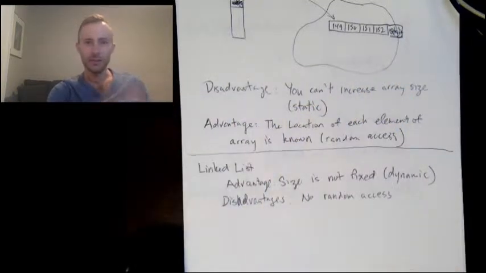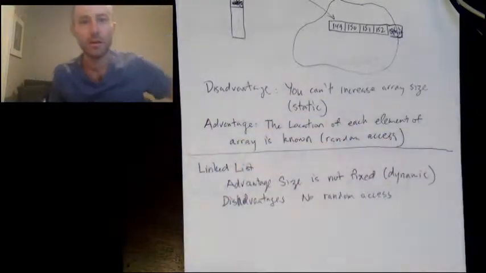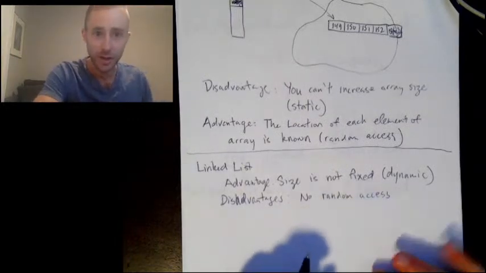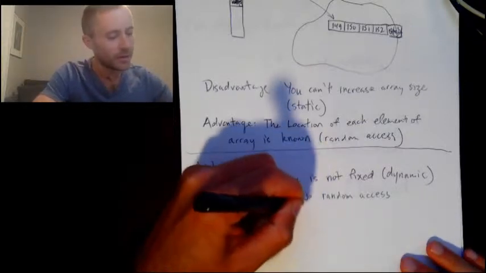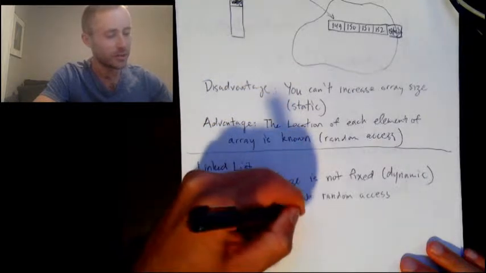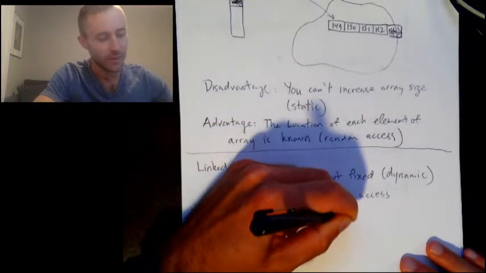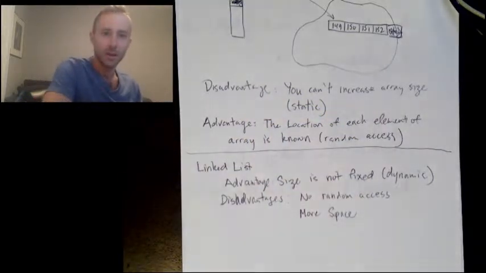It takes different amounts of time to access different elements of a linked list, and I'll explain why in a moment. And the second disadvantage is it takes up more space, more memory, okay? And that will become obvious when I explain how the linked list works, okay?